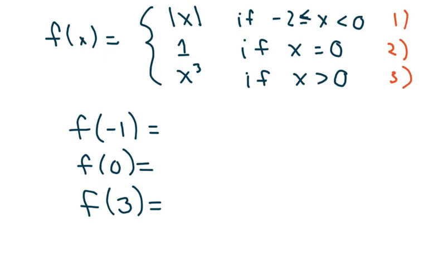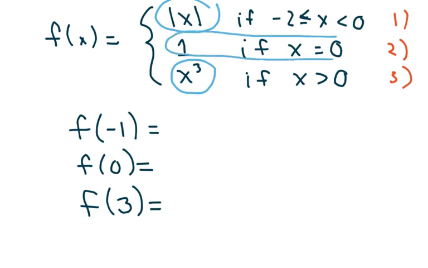This one right here is your absolute value function. You know this one is your cubic function. You should know what that looks like. This one right here is just a point, and that just means when x is 0, y is 1.